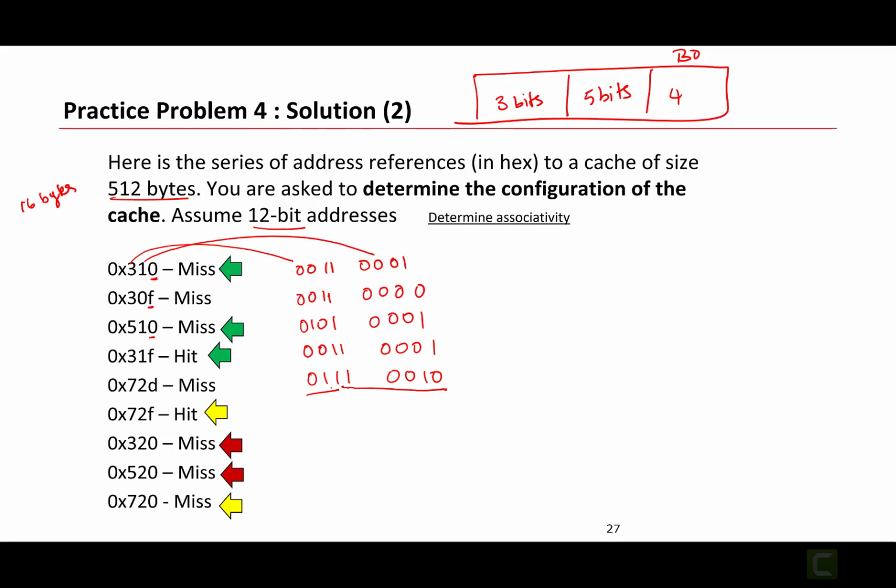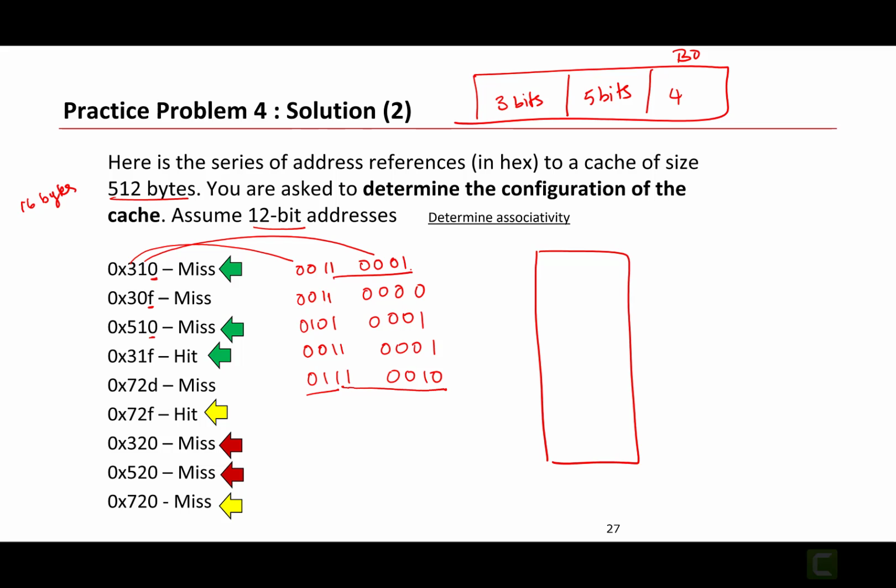So now let me simulate my direct mapped cache. You'll see that the first one has set index 10001.